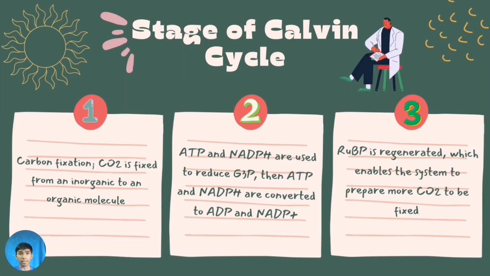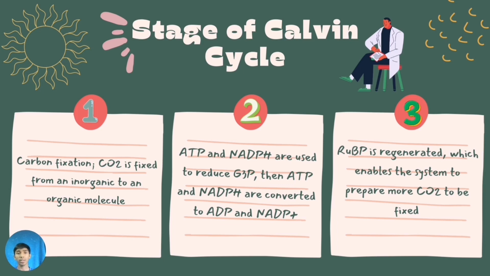In the Kelvin cycle, there are three stages. The first stage is carbon fixation. The carbon fixation uses carbon dioxide as a substrate, and the carbon dioxide is fixed from an inorganic to an organic molecule.